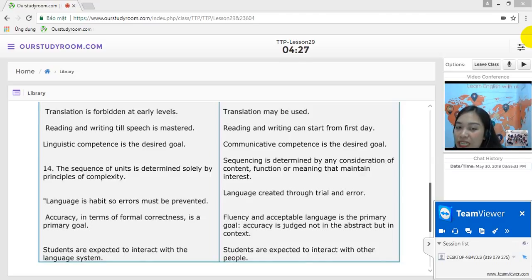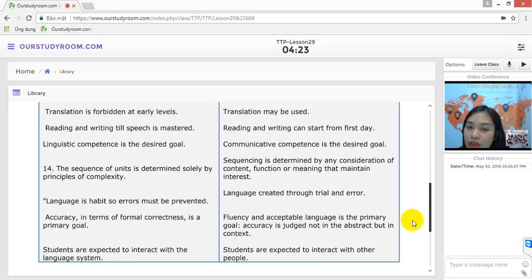Next, teacher Lucy. The sequence of units is defined solely by principle of complexity. Sequencing is determined by any consideration of content, or meaning.